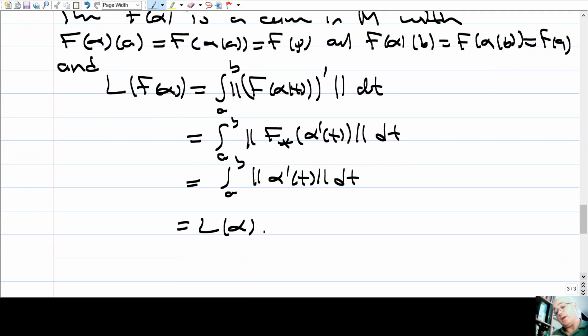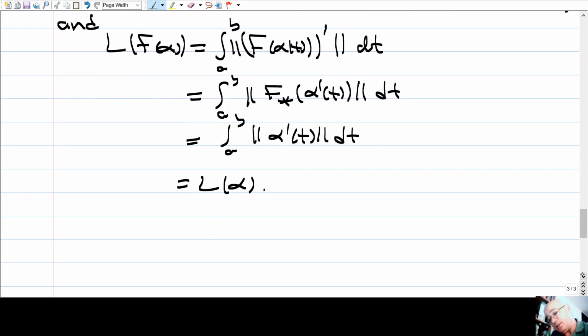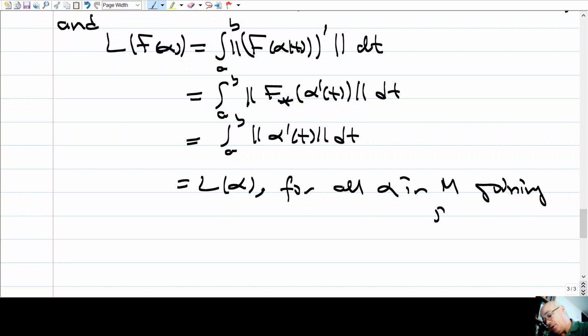So this means what? The length of this curve is equal to the length of alpha, and this is for all alpha in M joining P to Q.